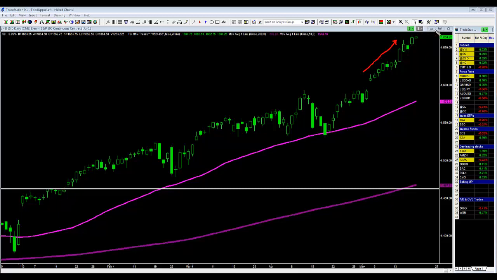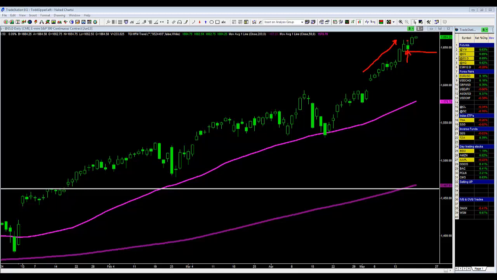And don't be fading this market until it gives you clear signs that the market will, in fact, start moving lower. Now, what I would need to see right now, from a standpoint of no reversal patterns, would be the market taking out this low right here. Because this low was an inside pattern.